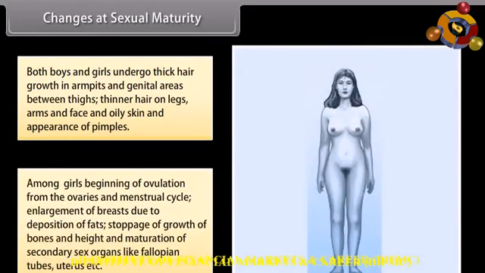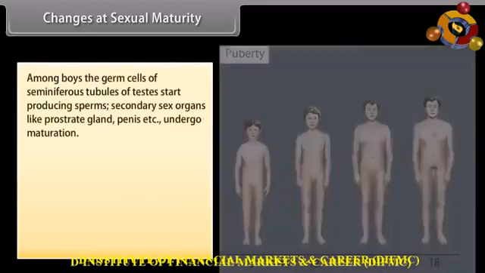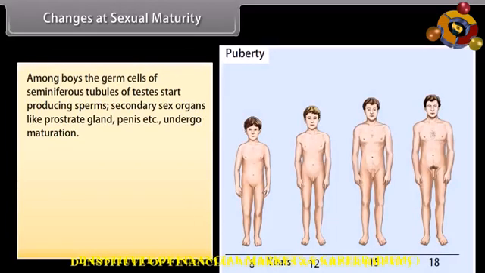Among girls, there is beginning of ovulation from the ovaries and menstrual cycle, enlargement of breasts due to deposition of fats, darkening of nipple skin, stoppage of growth of bones and height, and maturation of secondary sex organs like fallopian tubes, uterus, etc. Among boys, the germ cells of seminiferous tubules of testes start producing sperms.